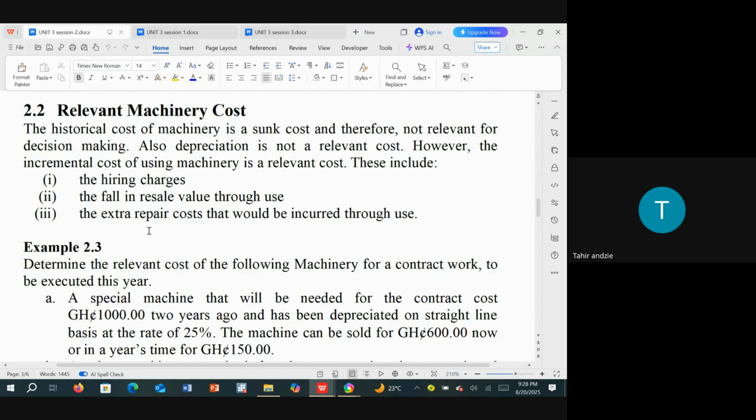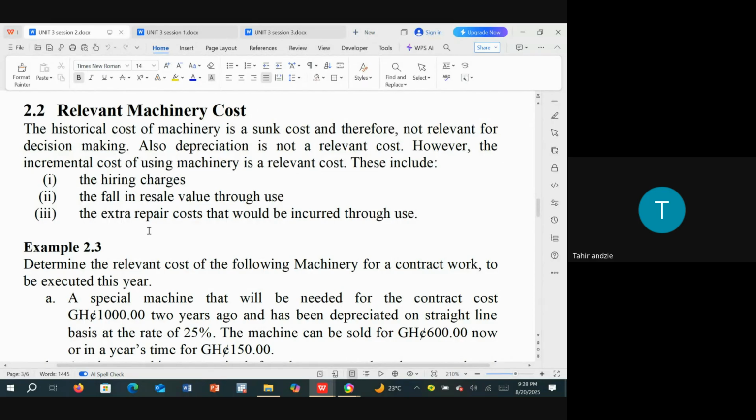Then also the fall in sale value through use. For example, before you start a particular decision, a machine has a value of, let's say, 100,000, and after using the machine for this decision, the value now becomes 60,000.